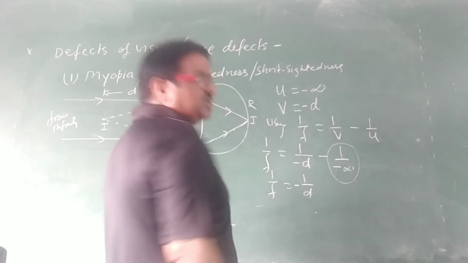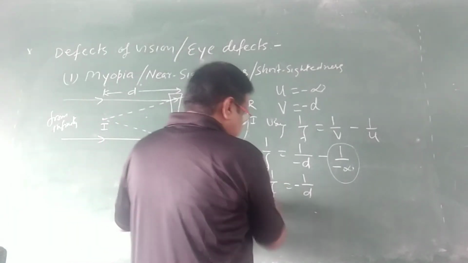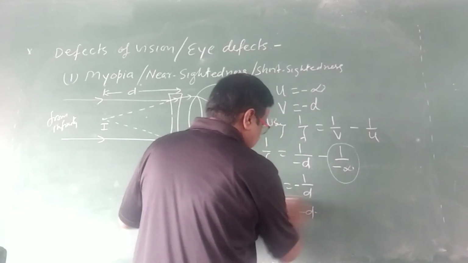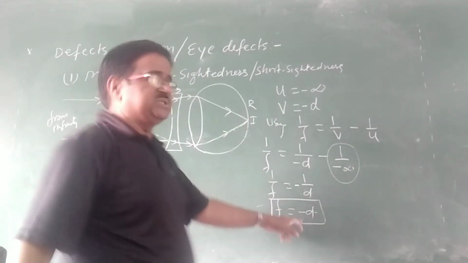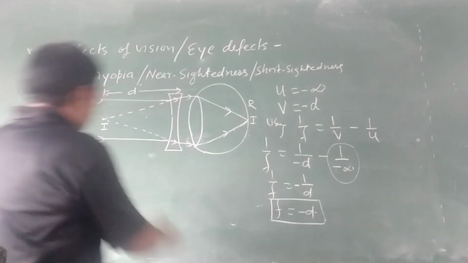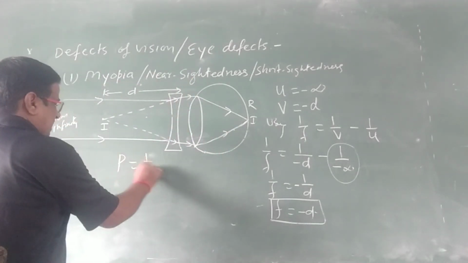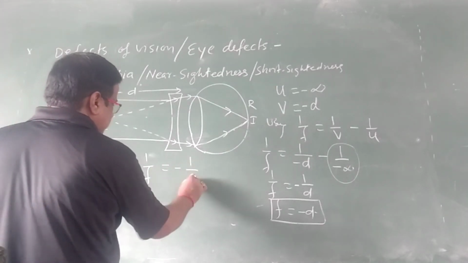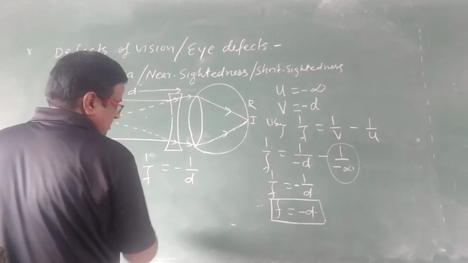Therefore f is equal to minus d. This is the focal length. The negative sign shows that the lens is a diverging lens. Power is equal to 1 by f, which is minus 1 by d, with d in meters.